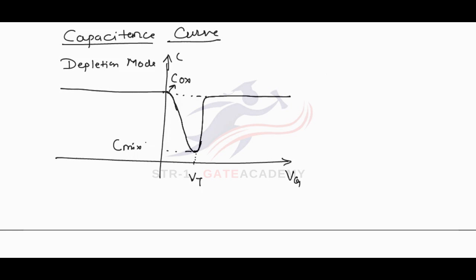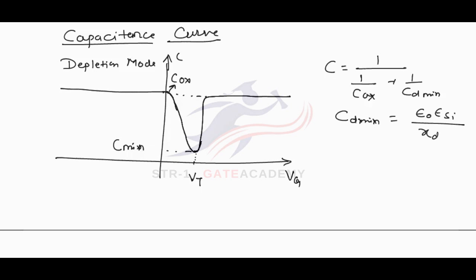This minimum capacitance will be C equal to 1 upon C oxide plus 1 upon CD minimum, and CD minimum will be equal to epsilon naught into epsilon silicon divided by XD maximum.